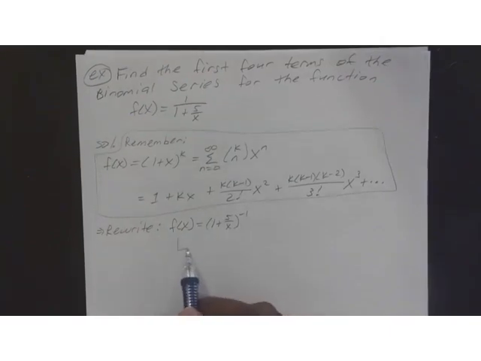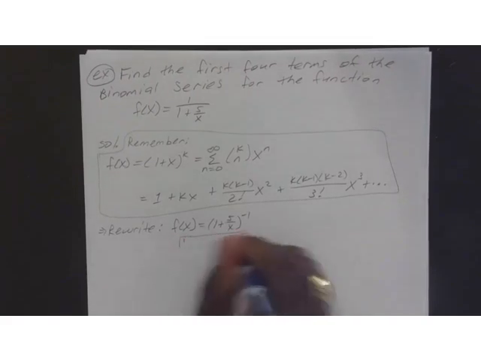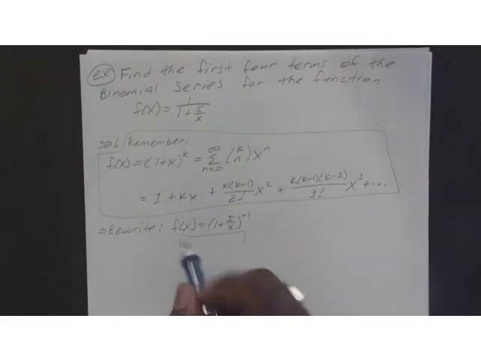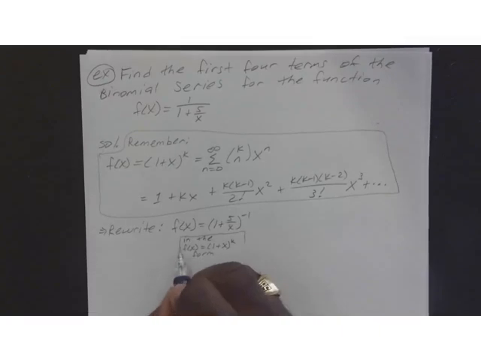Okay, so we can see right here, it's in the f of x is equal to 1 plus x to the power of k form, just by making that one little change.